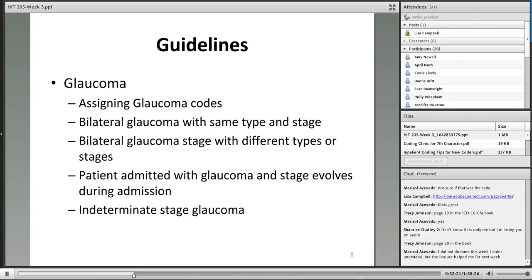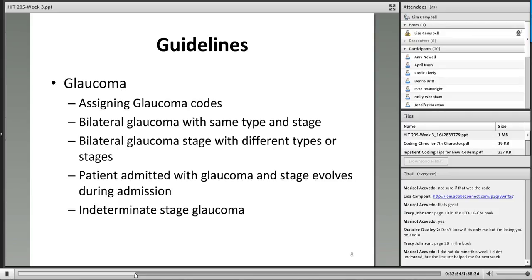Also, the codes themselves identify the type of glaucoma, which eye, left or right or both, and what stage they're in. If you are not familiar with what is meant by glaucoma stages, I recommend that you do a little Google search. You probably can get a little picture that will identify what is meant by glaucoma stage.